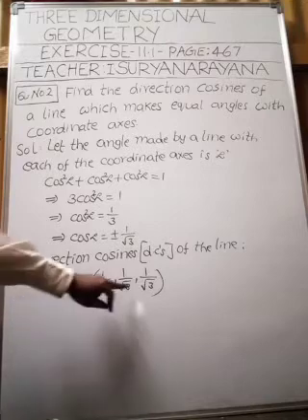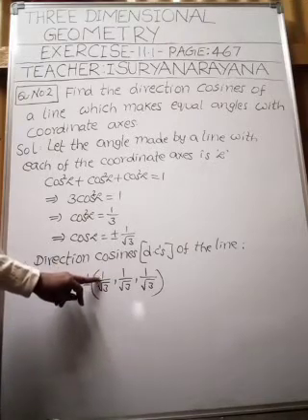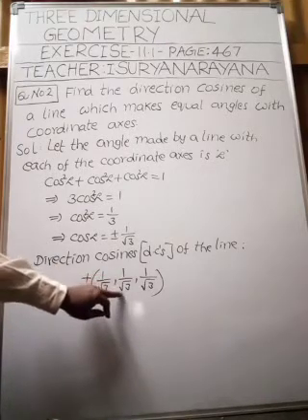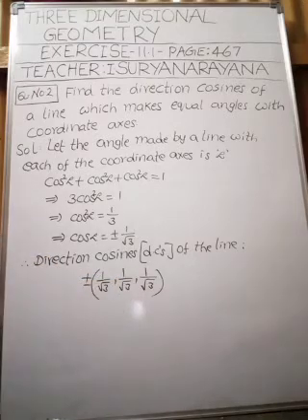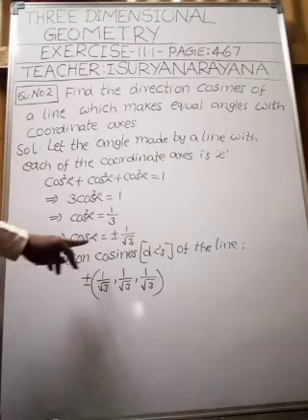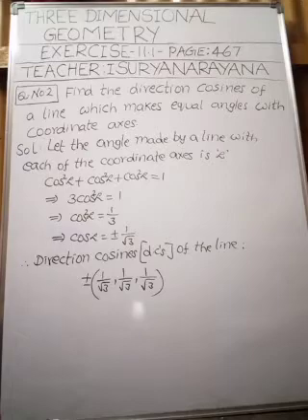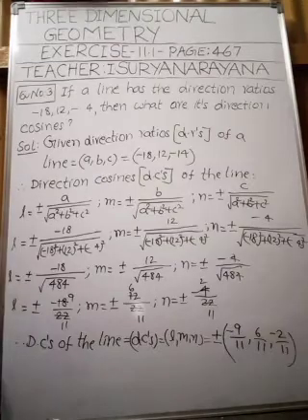This ordered triplet, plus or minus of the ordered triplet 1 by root 3, comma, 1 by root 3, comma, 1 by root 3, is the direction cosines of the line. Understood, my dear children? Right.